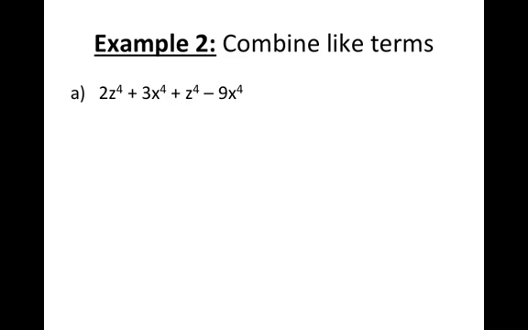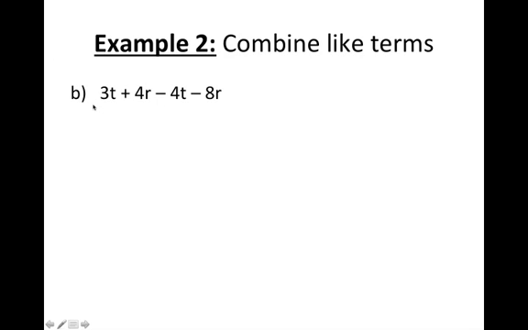So our z to the 4th terms are like terms, and our x to the 4th terms are like terms. Now, because we have terms that have x's in them and then terms that have z's in them, we usually put the variable that comes first in the alphabet first. So I'm going to do 3x to the 4th minus 9x to the 4th is negative 6x to the 4th, and then I'm going to look at 2z to the 4th plus z to the 4th is 3z to the 4th.